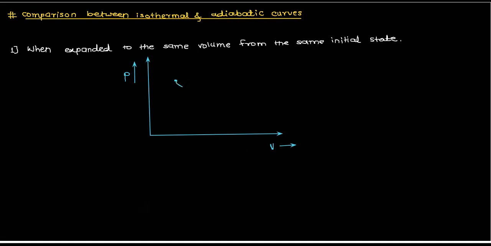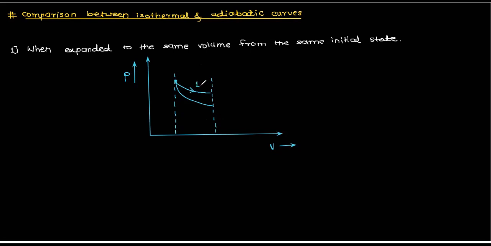So the first graph is coming like this, and another graph is coming like this. If we draw a dotted line here, and similarly here also, now you are getting two curves.